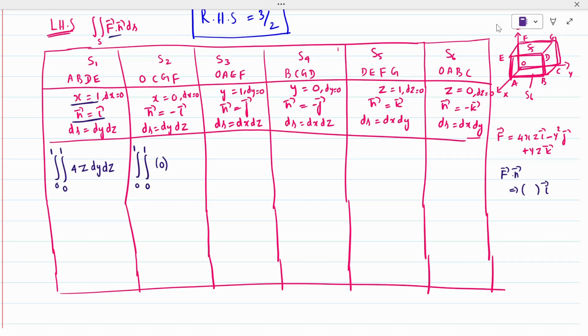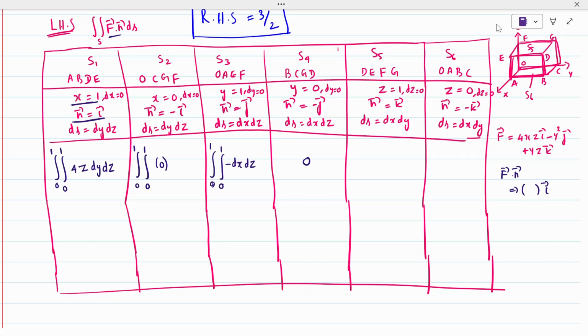Same way here double integral over the same 0 to 1, 0 to 1. Now j vector multiplied with minus y squared, y I have to substitute 1, so minus dx dz.